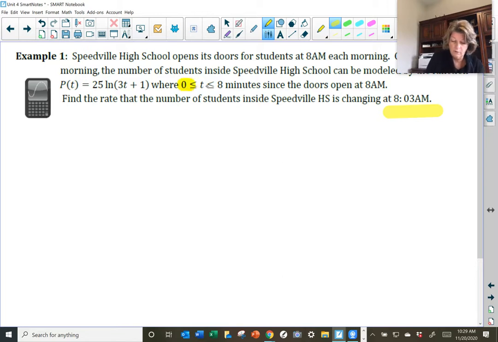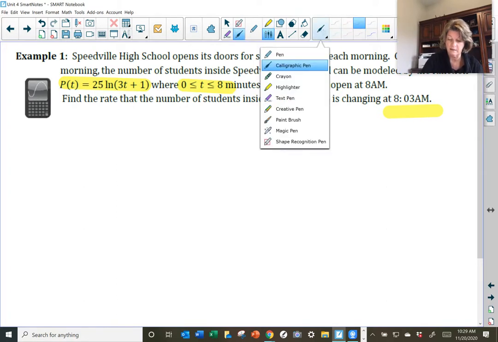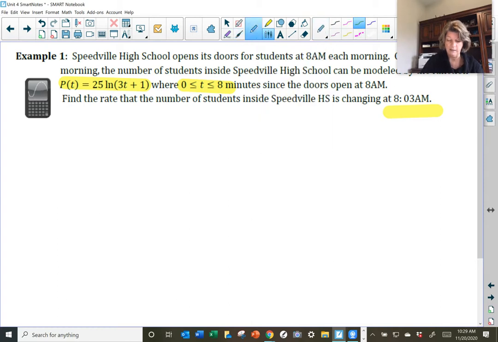Okay, so we know we're on a time frame of 0 to 8. We have a function modeled there, and that's the number of students coming in. So that is not a rate function, is it? That is the number of students entering the building.